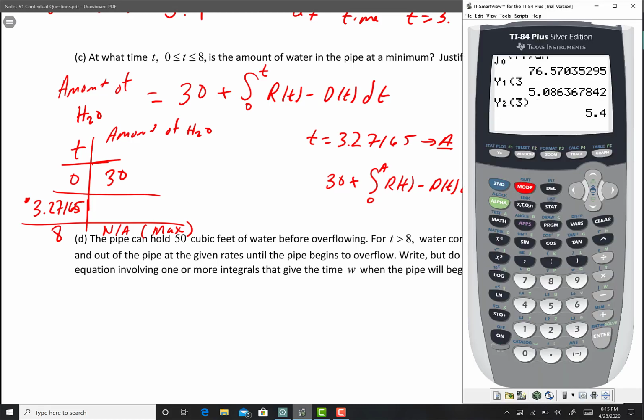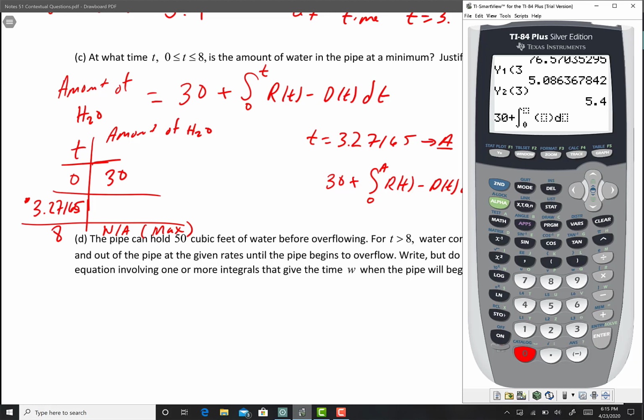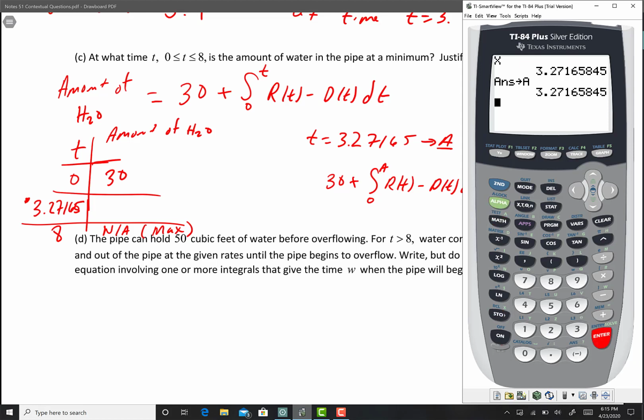Let me go ahead and do that since I already committed to it. 30 plus math 9, 0. Oh, I never stored it. X, is it in there? Yay. Store alpha A and math 9, 0. Look, I forgot the 30, huh? I'll put it right now.